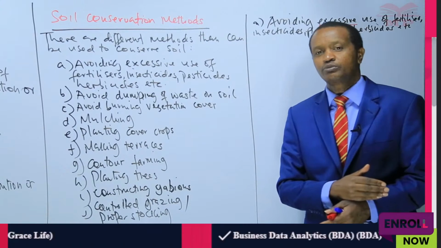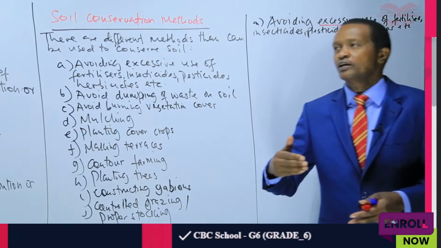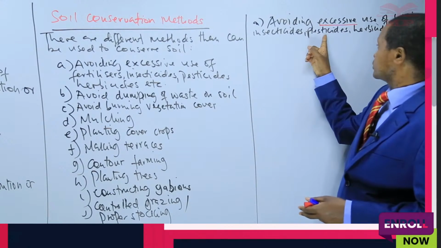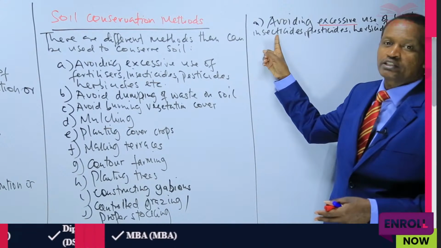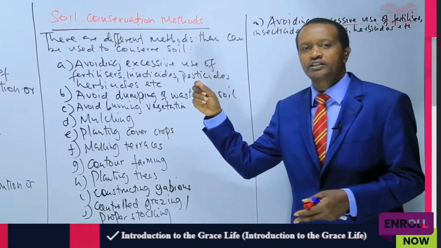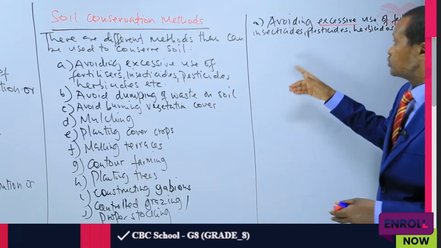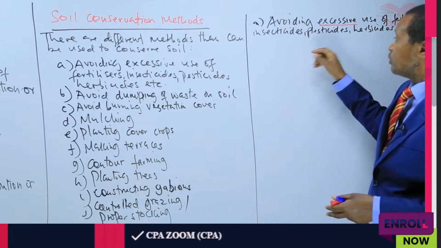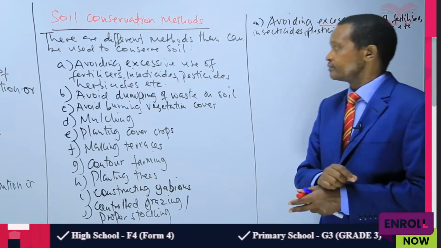So where possible, farmers should also use biological methods of pest control and insect control, instead of using pesticides, herbicides and other chemicals that contain poison that may pollute the soil.